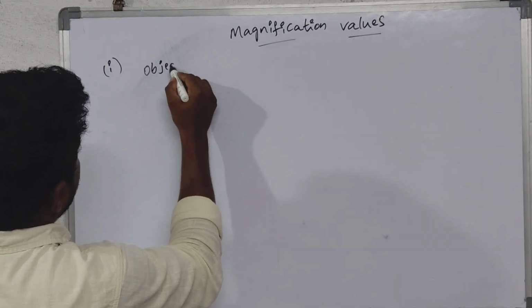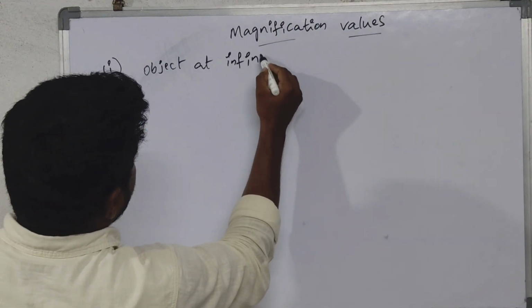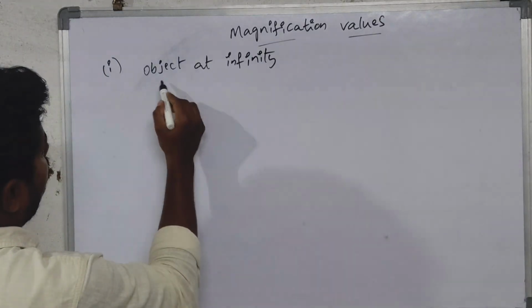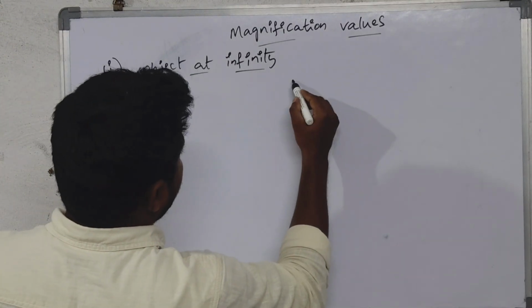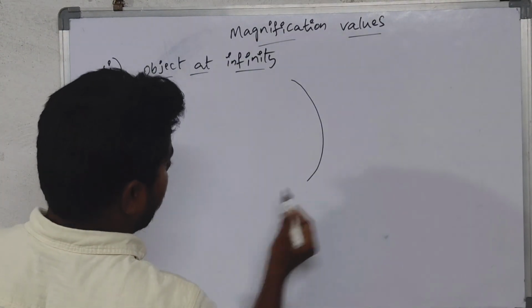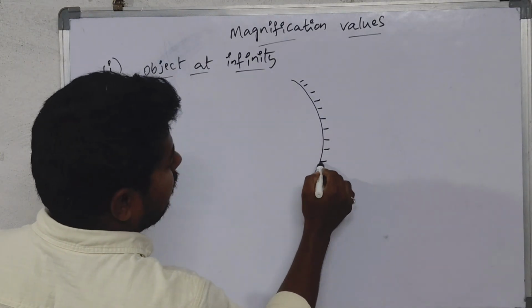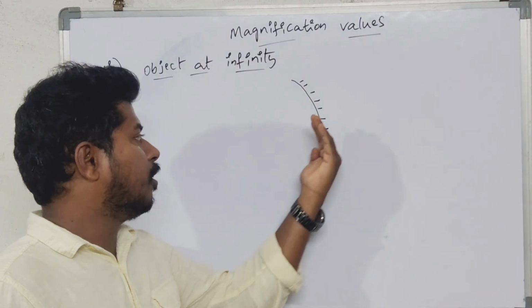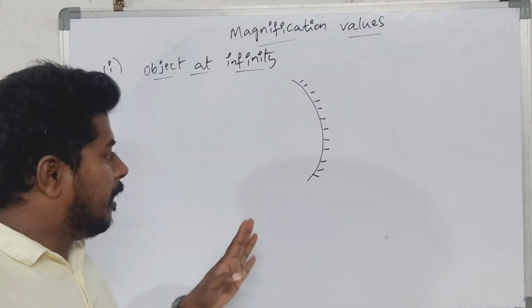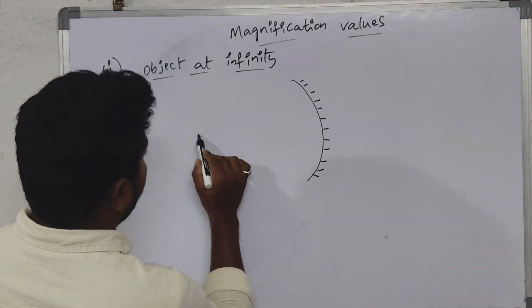object at infinity. Let us draw the ray diagram. This is a concave mirror, a curved inward reflecting surface, and it is a converging mirror.